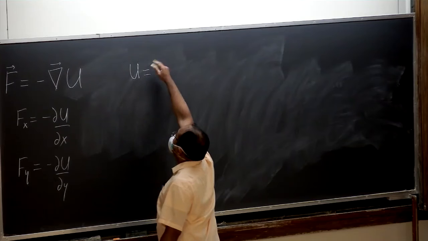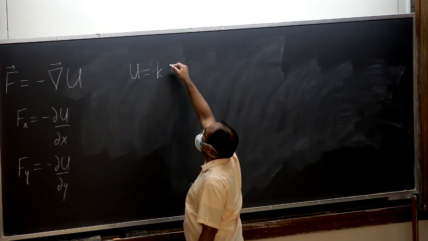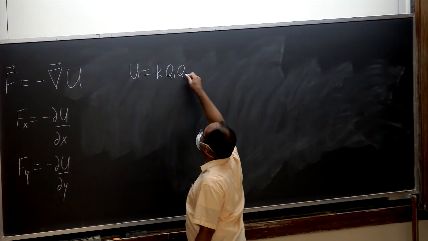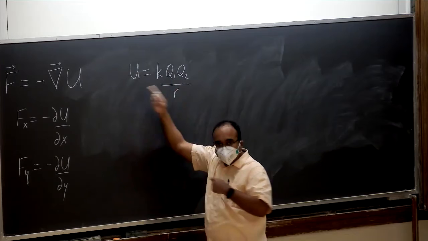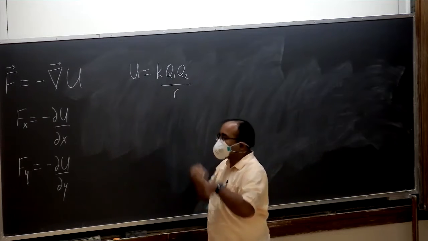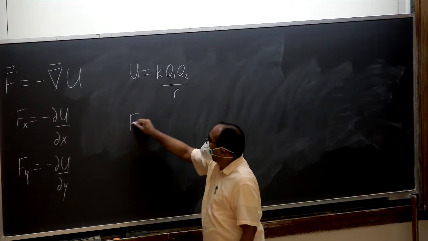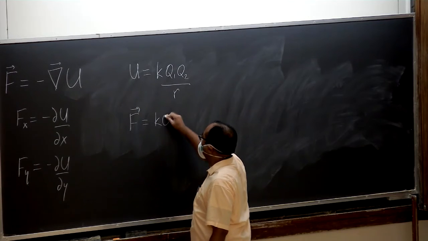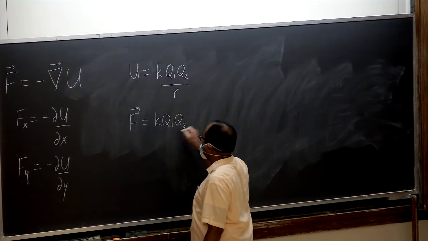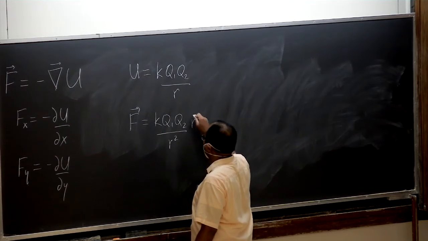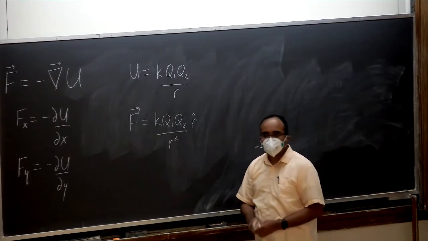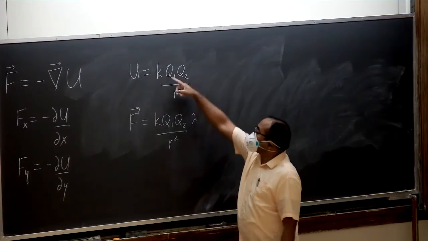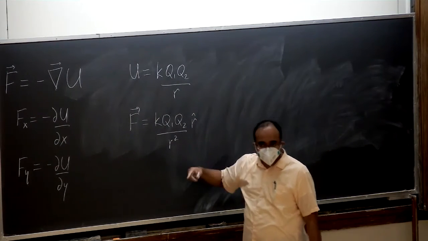If you know that the electrostatic potential energy is this, you can take a negative derivative and end up with the force being this. Because when you take the derivative of 1 over r, you get minus 1 over r squared.